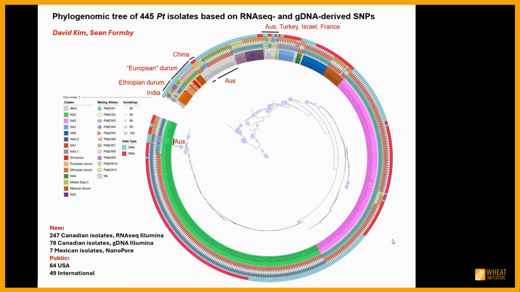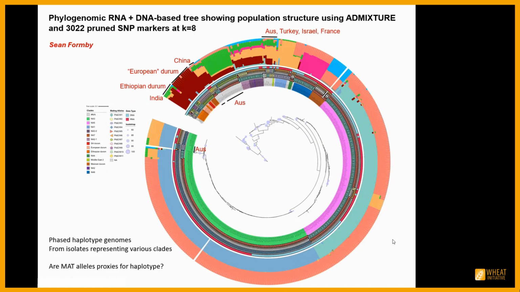So to look further into population structure, Sean Formby did an excellent job in phasing the SNPs that we found and looking more particularly at the population structure using admixture now with pruned SNPs.